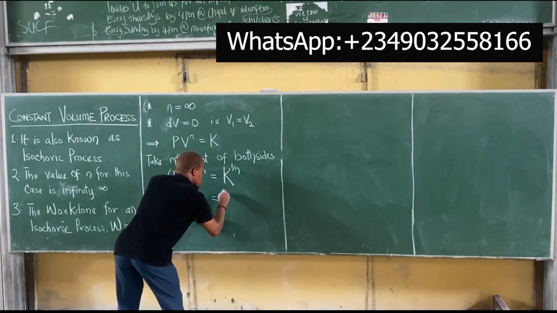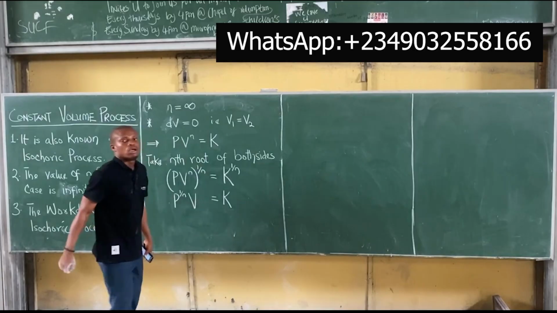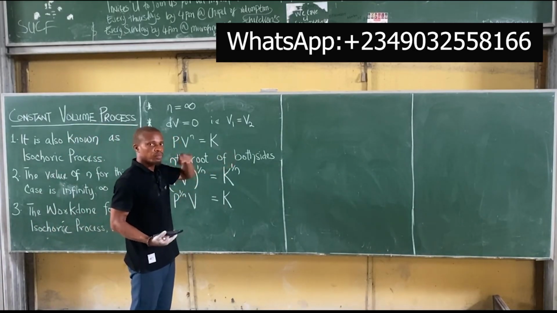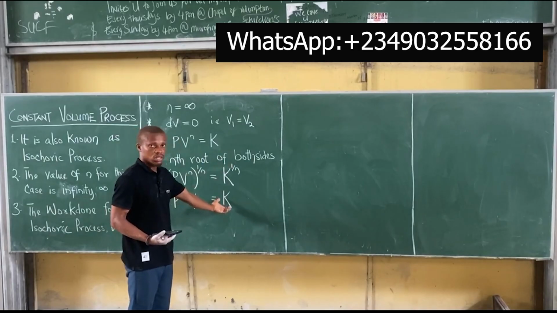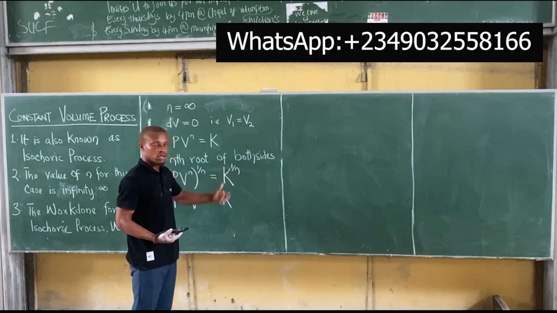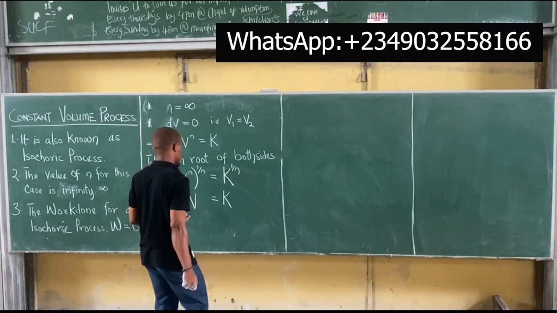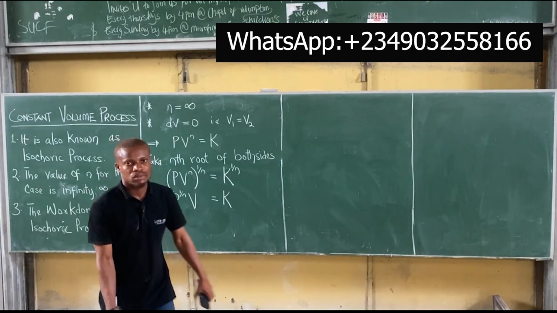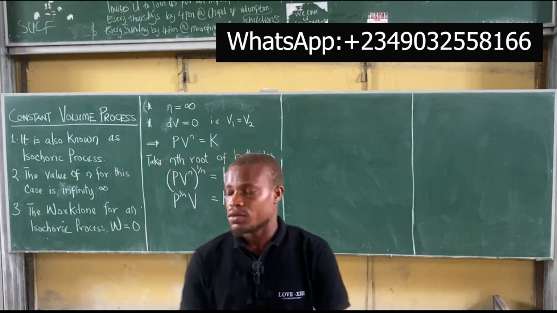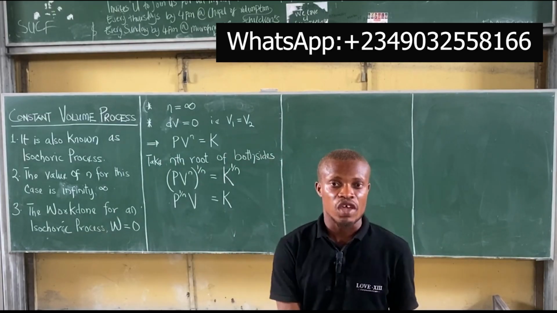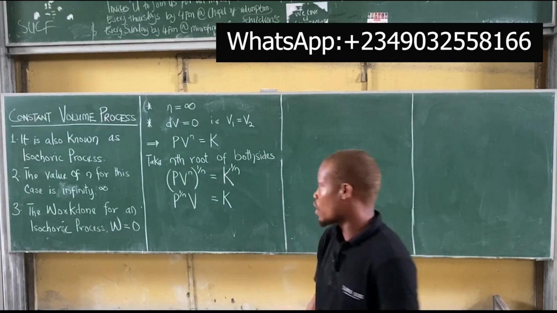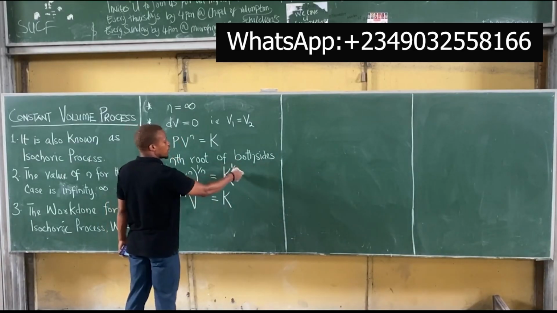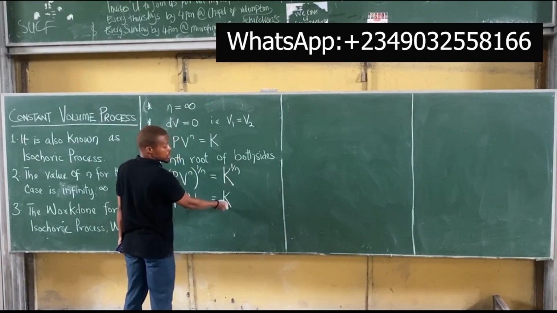And K, a constant raised to any power, is still that constant. The nth root of a constant is a constant. So K raised to the nth root is a constant K.